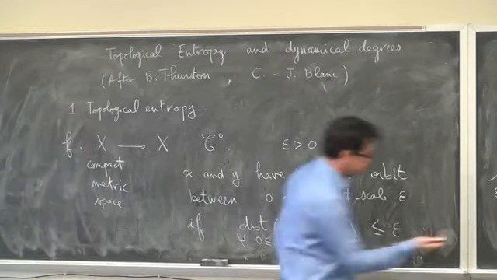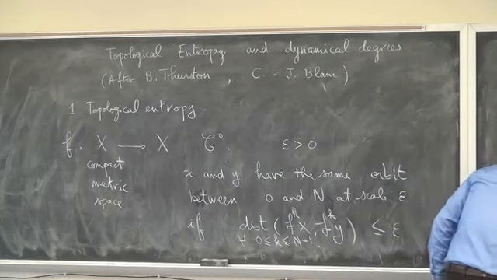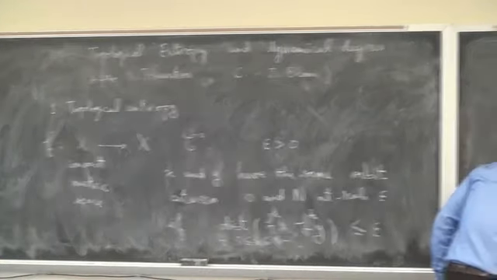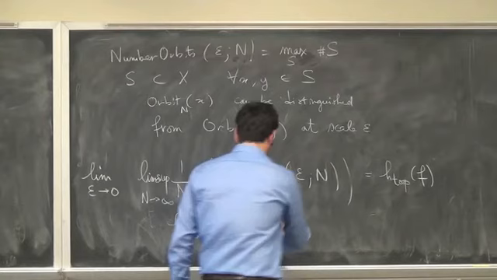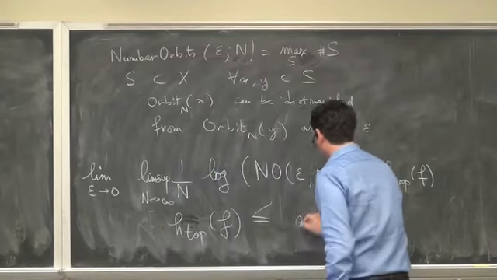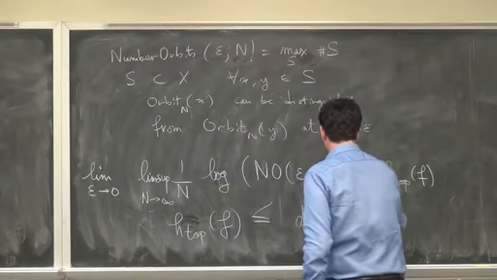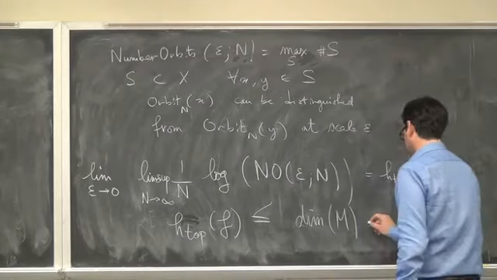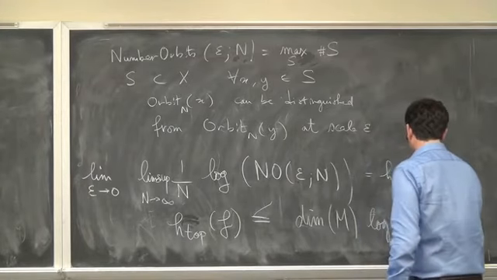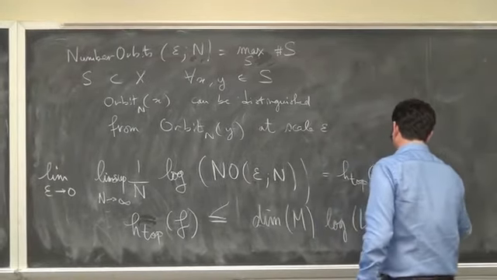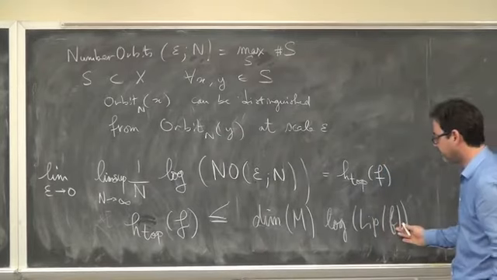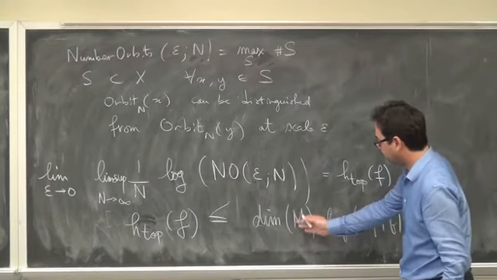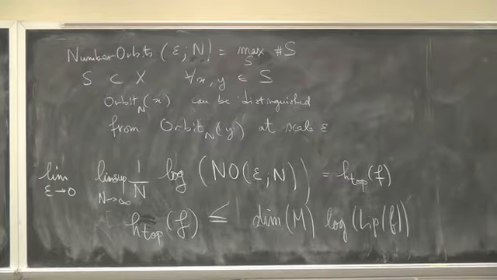More generally, the entropy of f is bounded from above by the dimension of the manifold times the logarithm of the Lipschitz constant of f, if f is a Lipschitz transformation of a finite dimensional compact manifold.